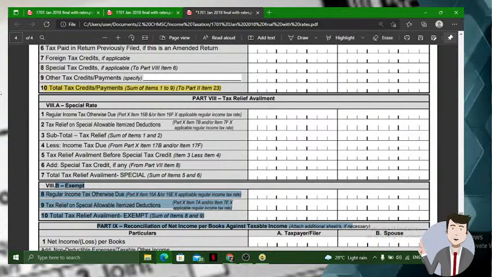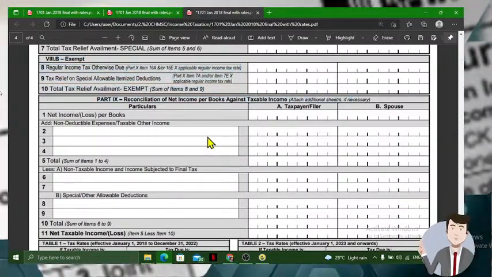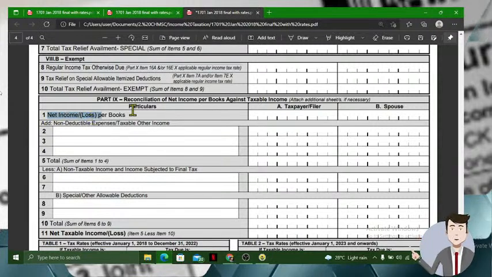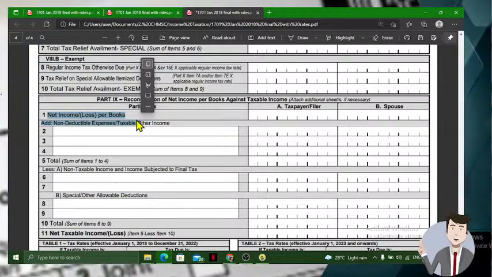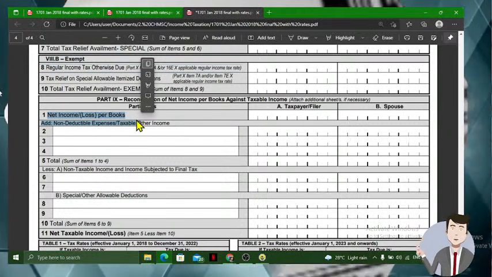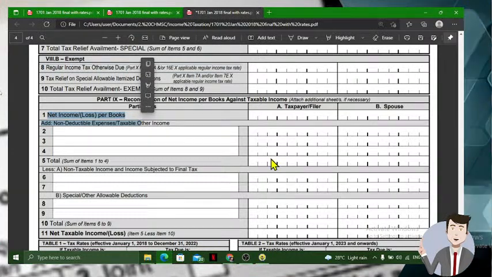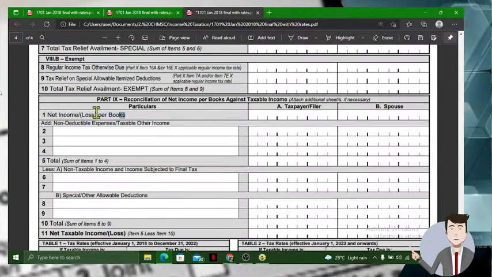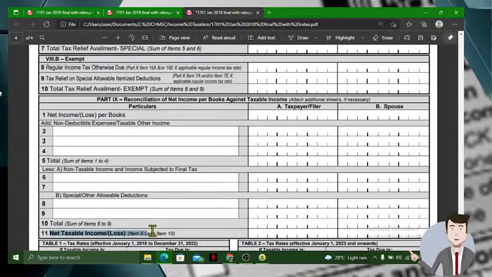Then, guys, especially for income, there is income declared in the income statement while it is not taxable in the income tax return. So that's the thing that you have to reconcile between your income from your books or from your income statement in order to arrive at your taxable income.